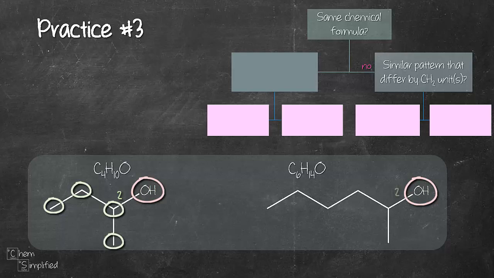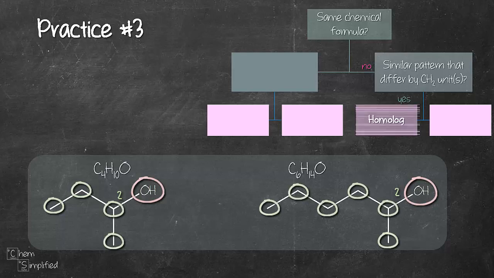OH is connected on the second carbon. See, I have 1, 2, 3, 4, 5, 6, 6 carbon, OH connected on the second carbon. So do these two have similar patterns that differ by CH2 unit? Yes. In fact, they differ by 2 CH2 units. So they are homolog.